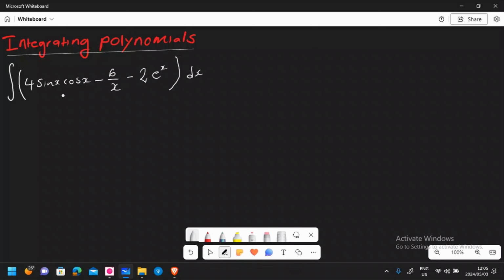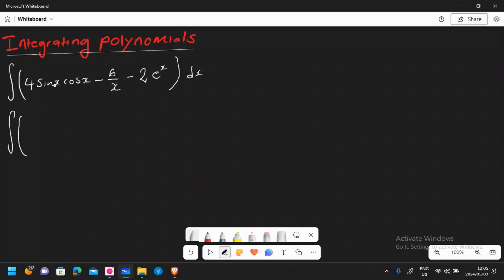In this case, we need to simplify the first term. The second term is fine. The third term is also fine. So let's look at the first term. How can we simplify this first term? And remember guys, when you simplify, we keep the sigma and the dx.